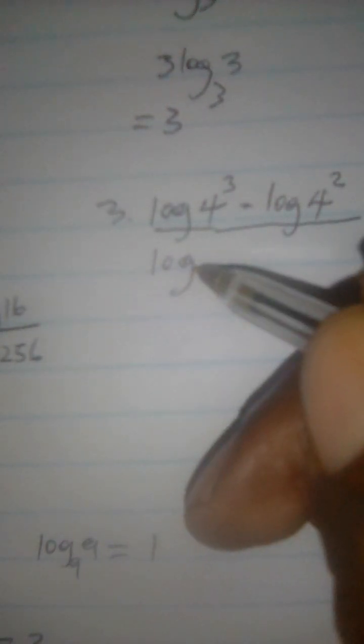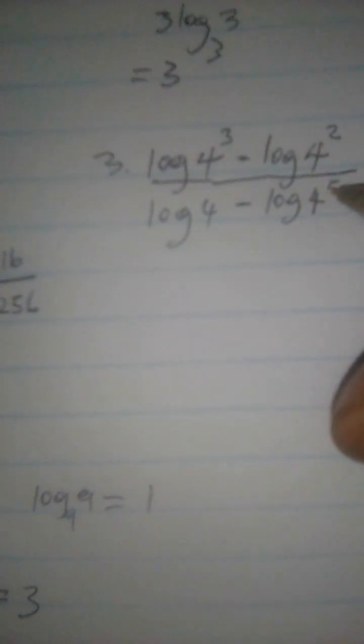The next step, log 64 can be rewritten as log of 4 to the power of 3 minus log of 4 to the power of 2, over log 4 minus log 4 to the power of 5.